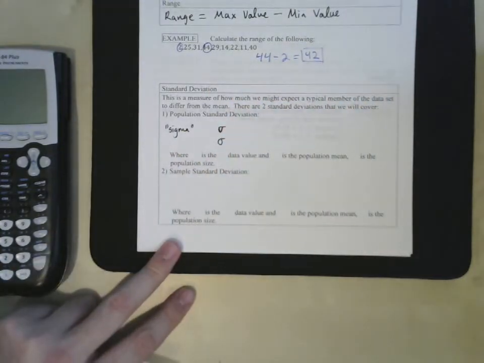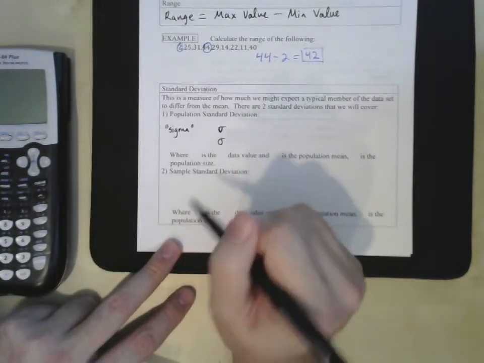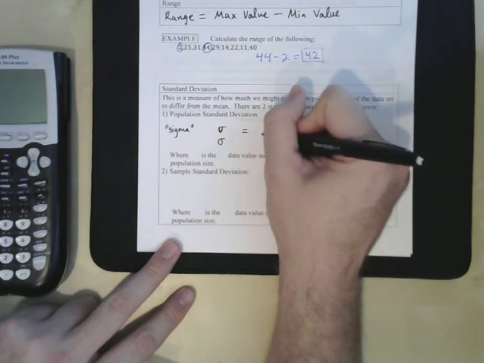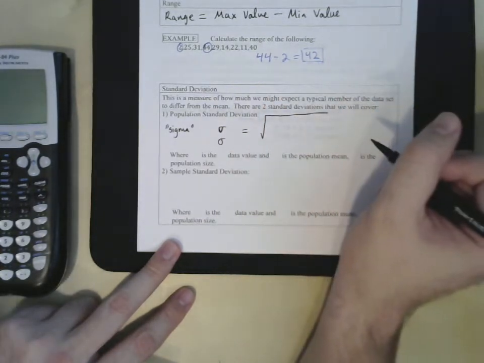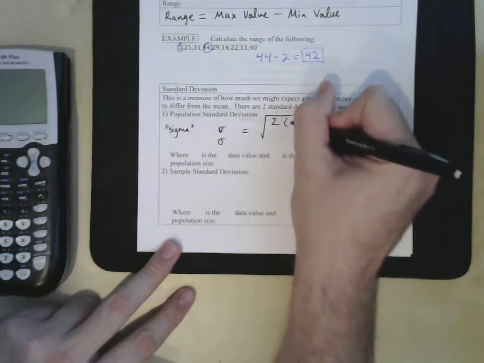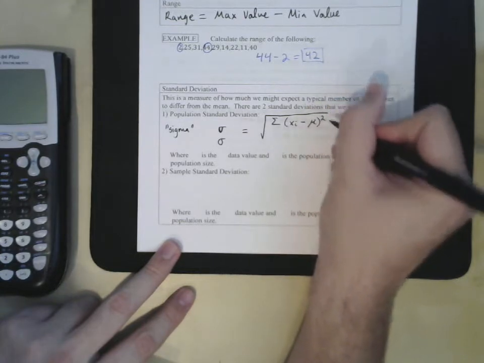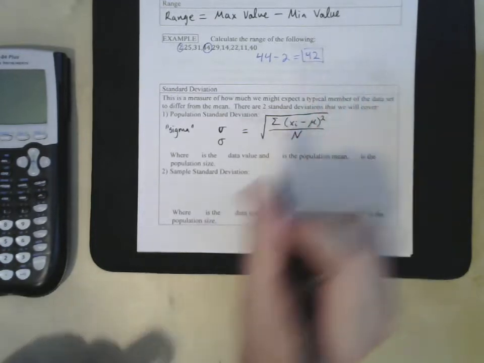It doesn't matter to me how you write your lowercase sigma, something that looks close to this. And sigma is the square root of the sum of x sub i minus mu, quantity squared, all over capital N.